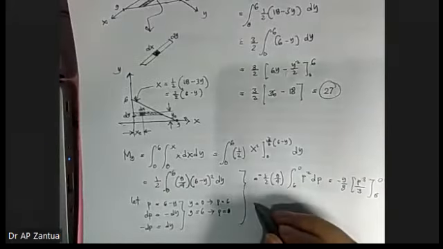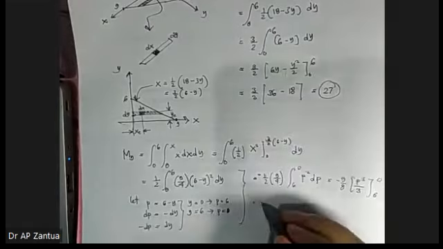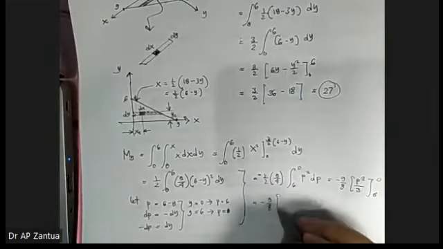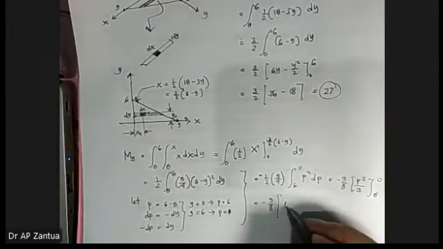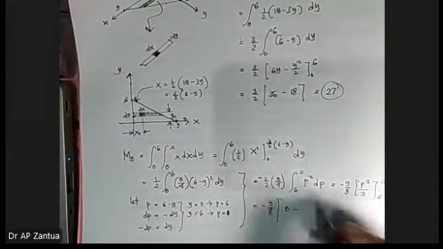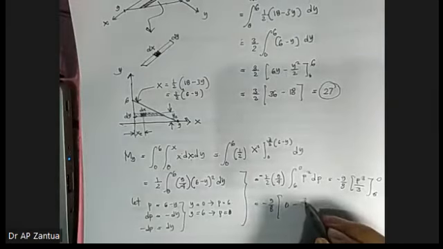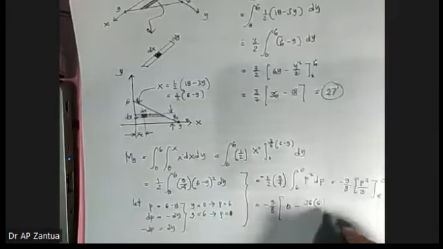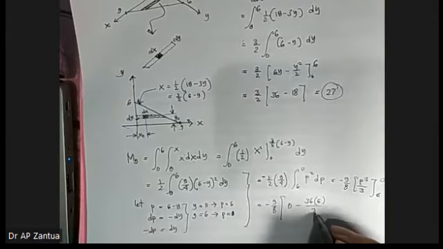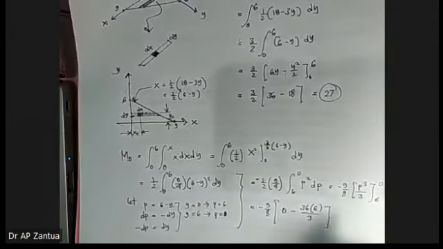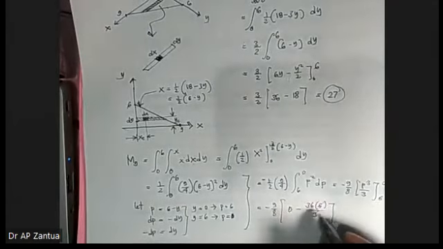So therefore, substitute in negative 9 over 8. If you substitute 0, this will become 0. Minus, substitute 6. So 36 times 6 over 3, this is 2.